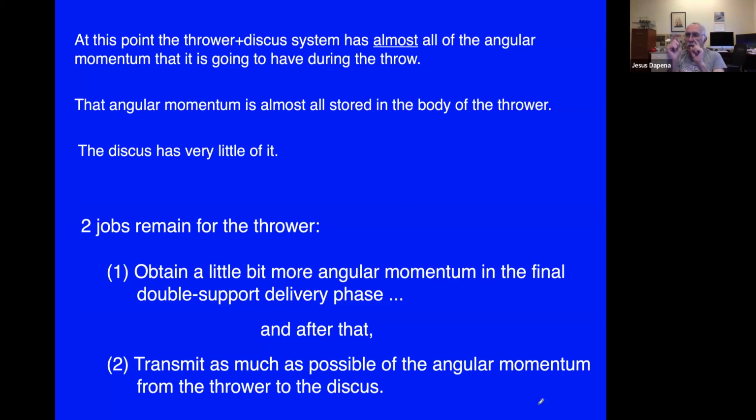You need to be ready so that later in the final double support, you can get that little extra of angular momentum. And then super importantly, you want to funnel as much of your angular momentum as possible into that discus. But that will be covered in talk number 2.